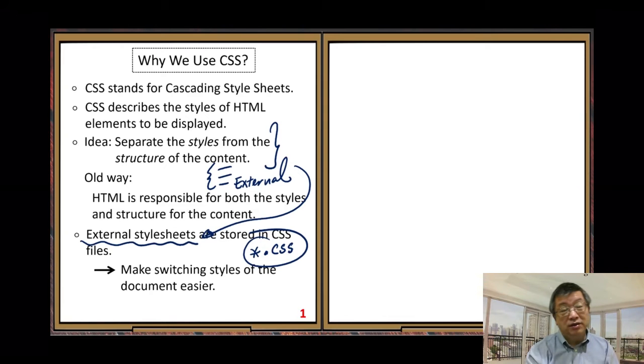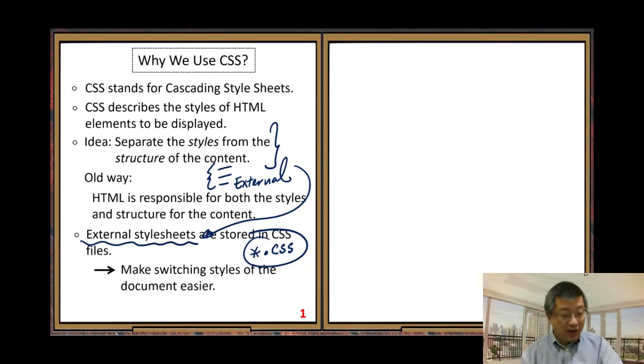So think about that. So it is pretty complicated. With this kind of separated CSS files, you can do that easily. You can do the switch. Just switch to a different style file, a different CSS file, different style. You can make it work easily, right?